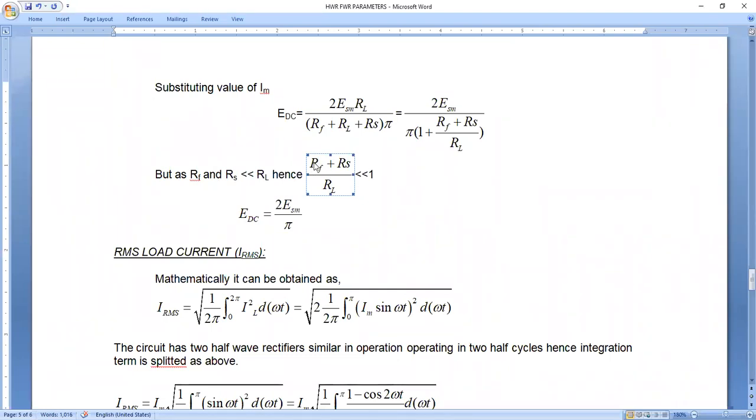Just substitute 2RF in the case of the bridge full wave rectifier as RF. Wherever you are going to find RF, just keep it as 2RF. That is the difference in the case of the bridge full wave rectifier.